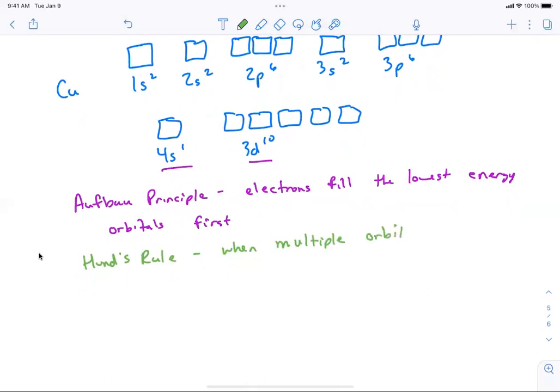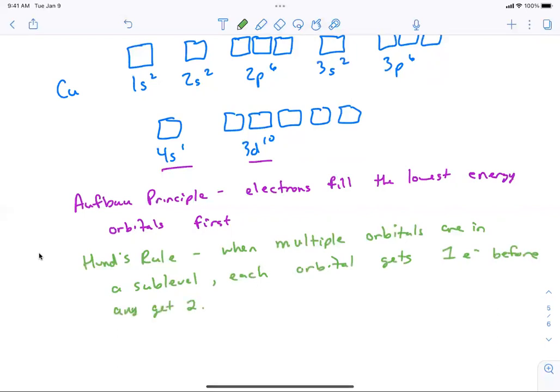When multiple orbitals are in a sublevel, each orbital gets 1 electron before any get 2. And you do this to minimize electron-electron repulsion. So if you have a p sublevel that has 3 blocks and you have 3 electrons to distribute, you put 1 in each before you put 2 in 1.